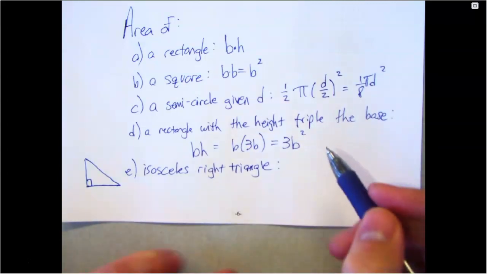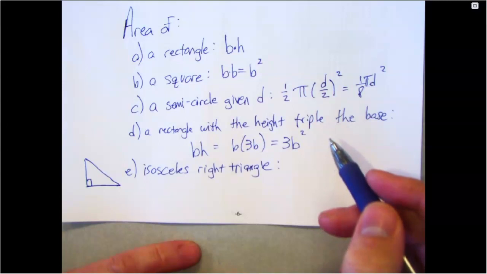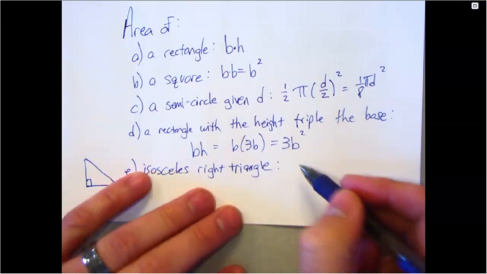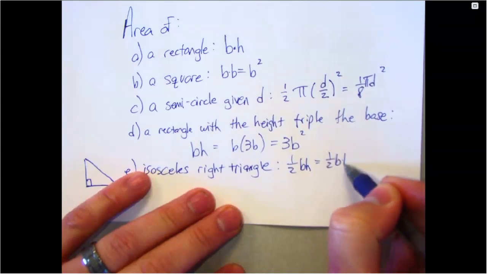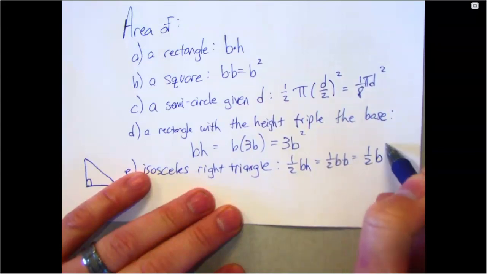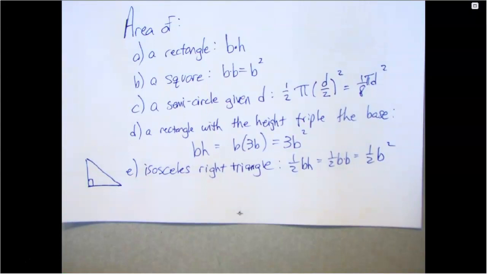So what's the area of any triangle right there? 1/2 base times height, but if that's isosceles, isn't it 1/2 b squared? Agree? Yeah, b squared over 2, that's fine.